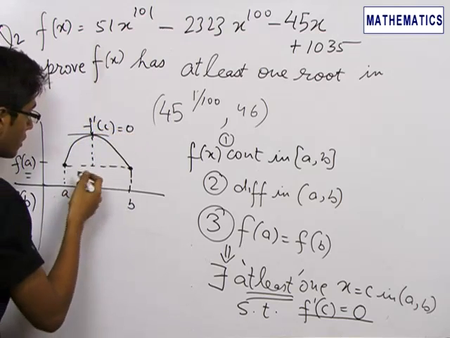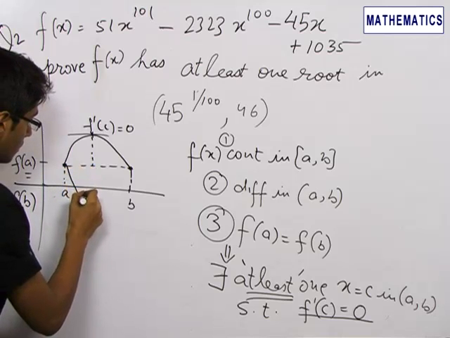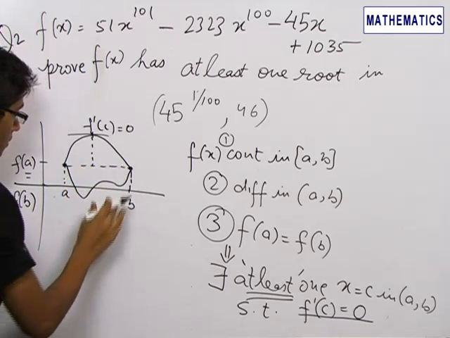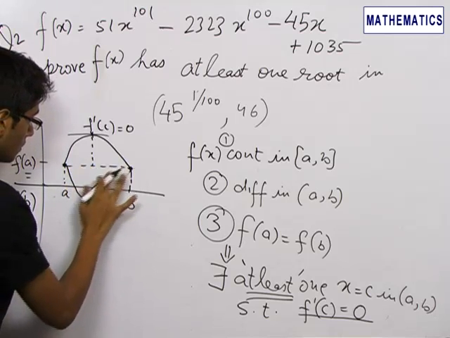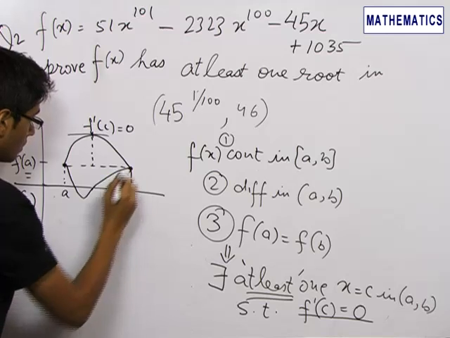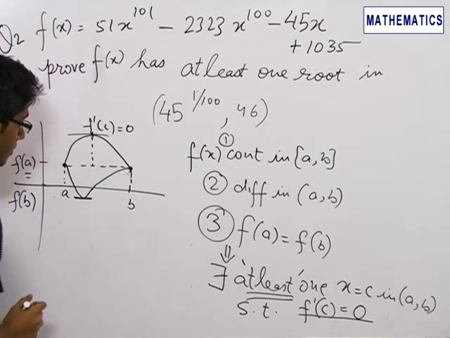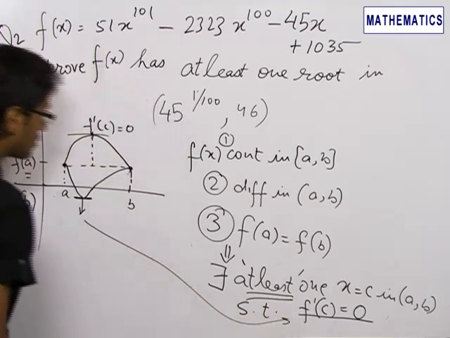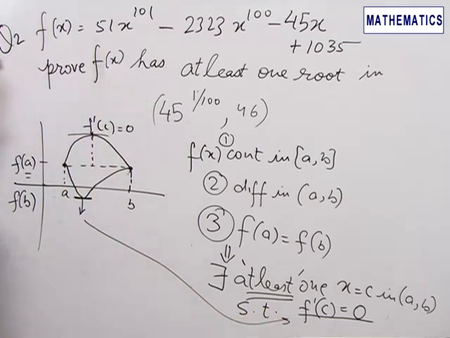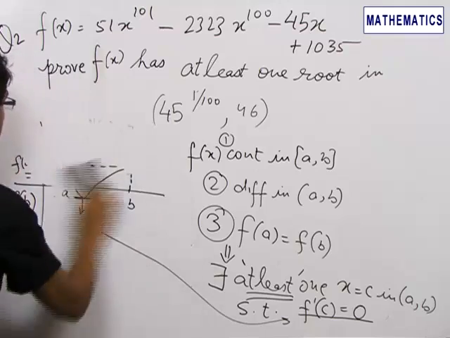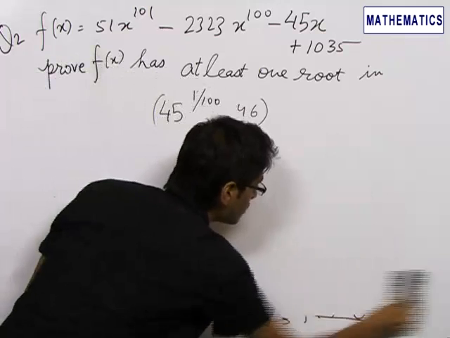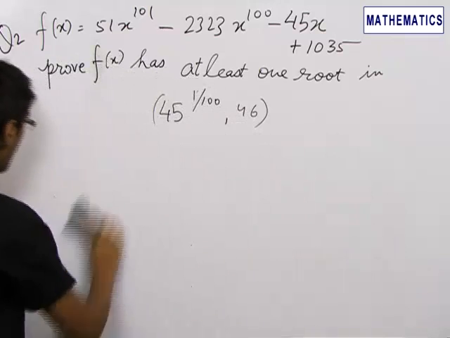No matter how we reach from a to b, we got to have at least once a point where the value of f'(c) is equal to 0. So this is one of the questions in which Rolle's concept is used. This is a very important concept.